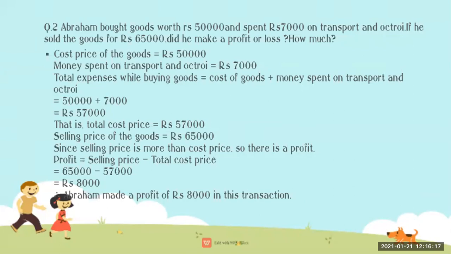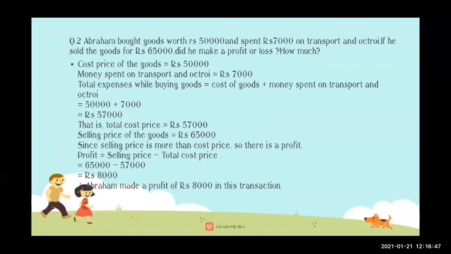So while buying goods, the total expenses are cost of goods plus money spent on transportation and octroi. That is 50,000 plus 7,000. So total cost price is 57,000.